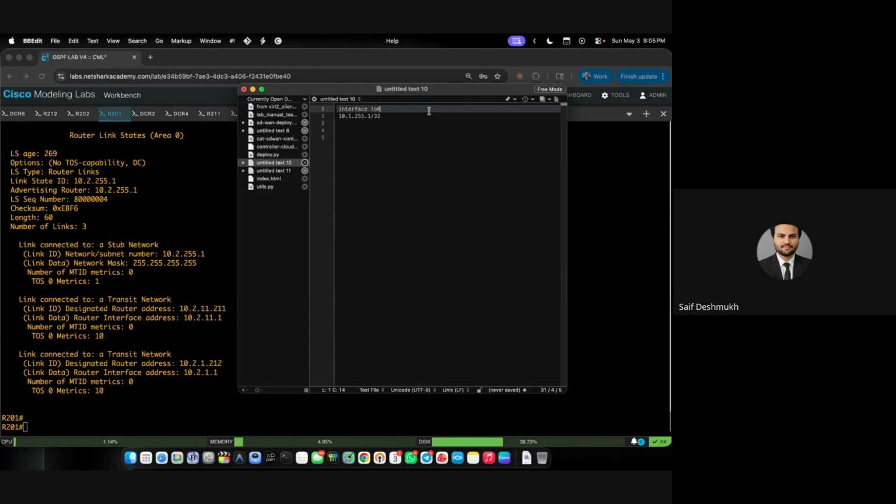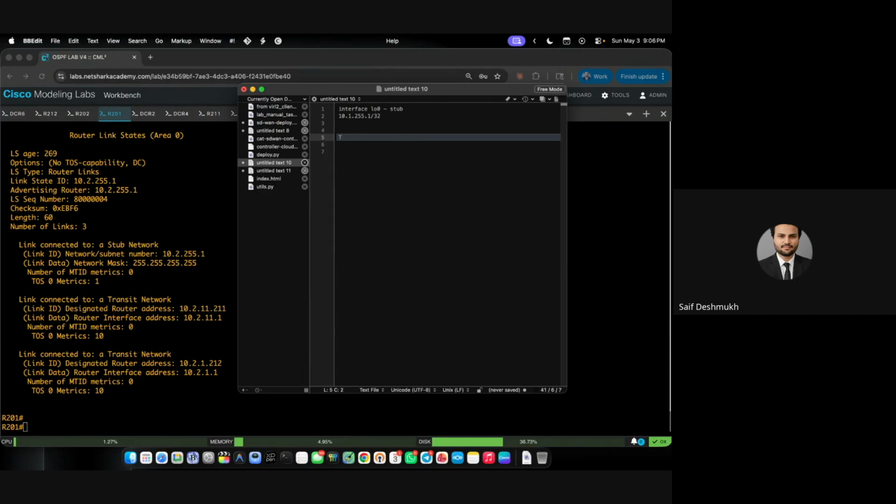This is the stub network that we understood. Now the next one: 10.2.11.211. It's just telling us about the link, not about any kind of interface. It's simply a transit network.